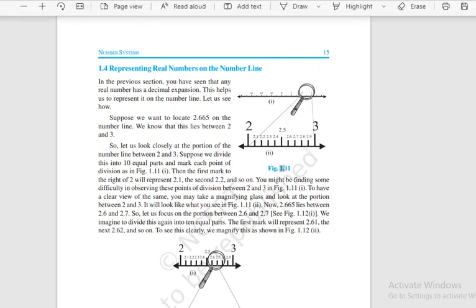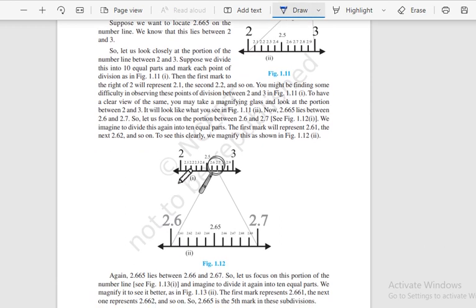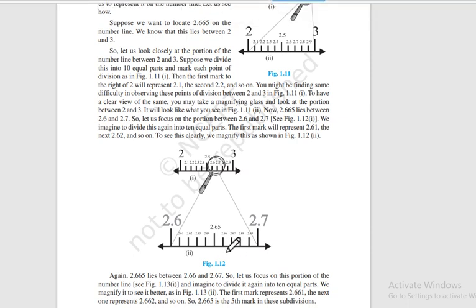Okay, and then they again magnified this portion, and now they can go like 2.66, but after 2.66 they have 5, so they have to magnify this portion again.